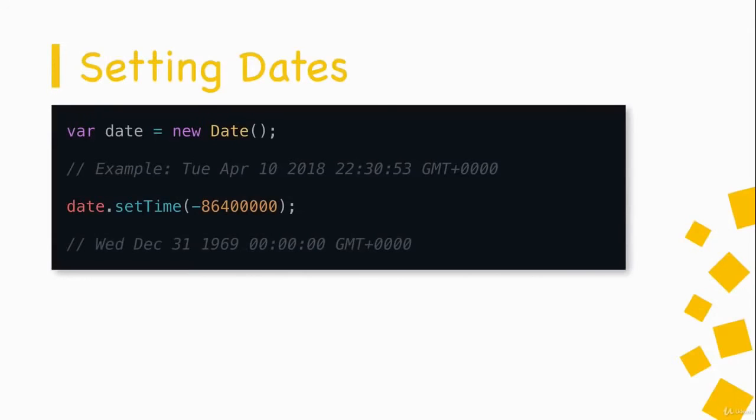So Unix epoch is 1 January 1970. In this case, minus 86.4 million milliseconds, which is minus 1 day, gives us Wednesday, December 31, 1969, UTC time, midnight. So you can use the setTime method to actually manipulate the value of the date object. You can specify the milliseconds in order to create a new date time.